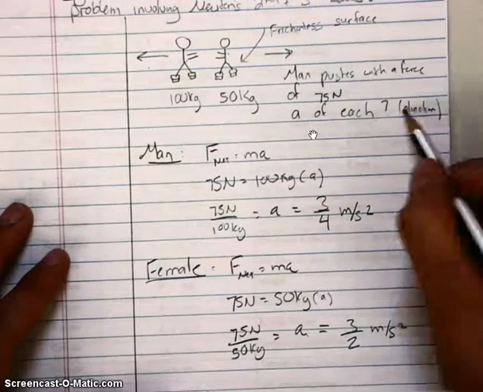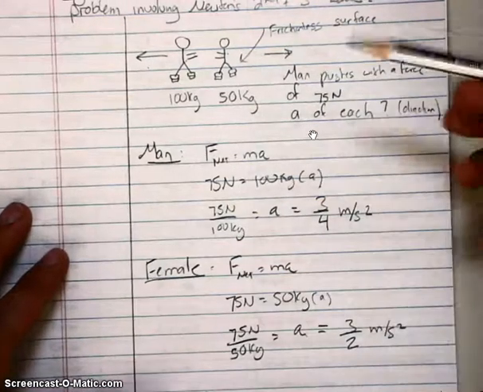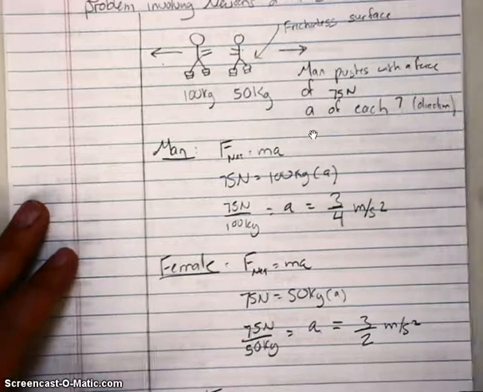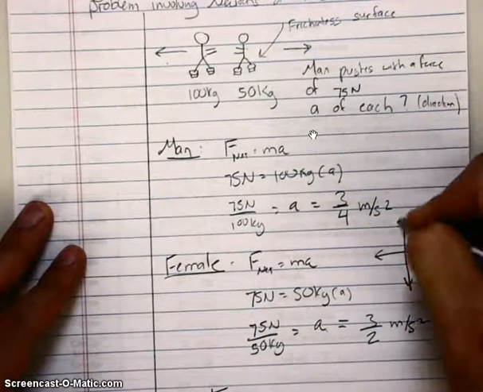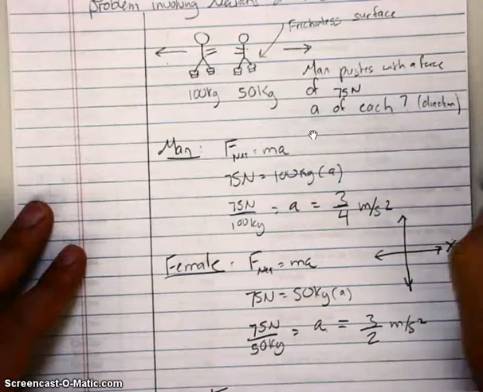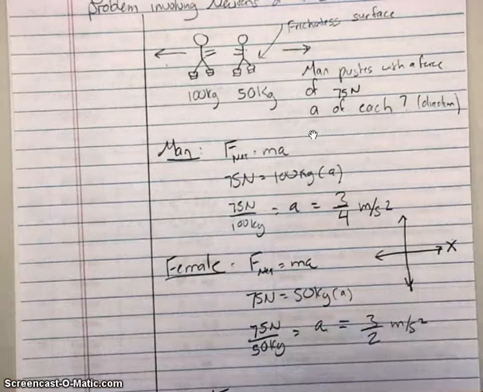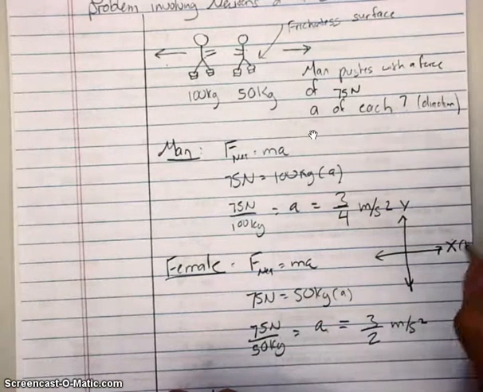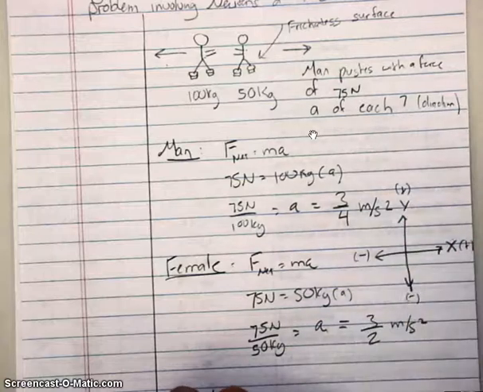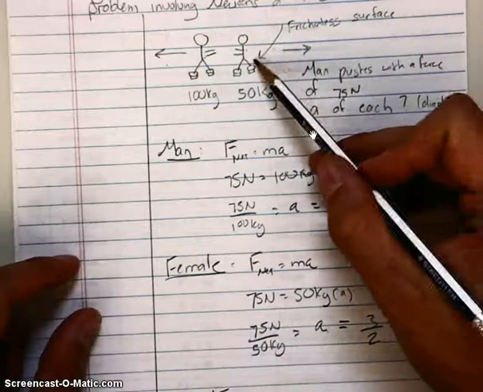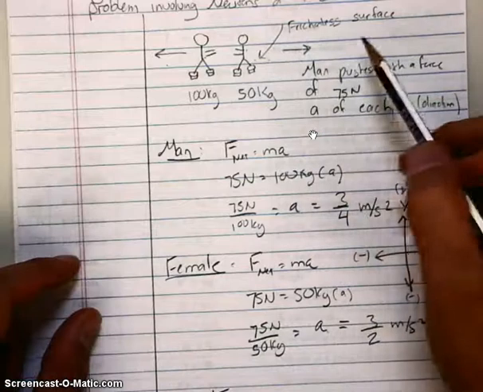Now, we didn't give direction, so let's set one. If we have a typical XY coordinate system and we call right positive, up positive, and then left negative and down negative, this woman, even though she's going backwards, is moving in a positive direction.